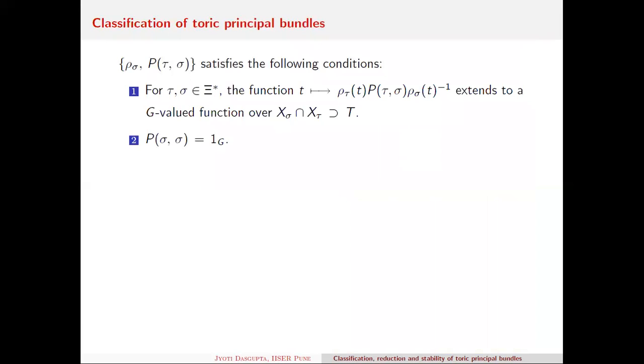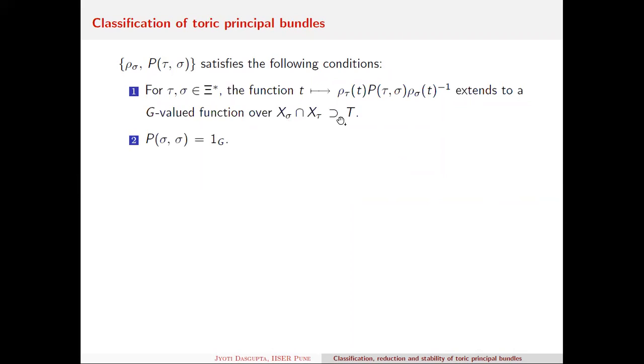Yeah. So maybe here. These admissible collections are something like the transition functions, and so we have a chart which is given by this X_sigma, and this is the intersection of two elements there.